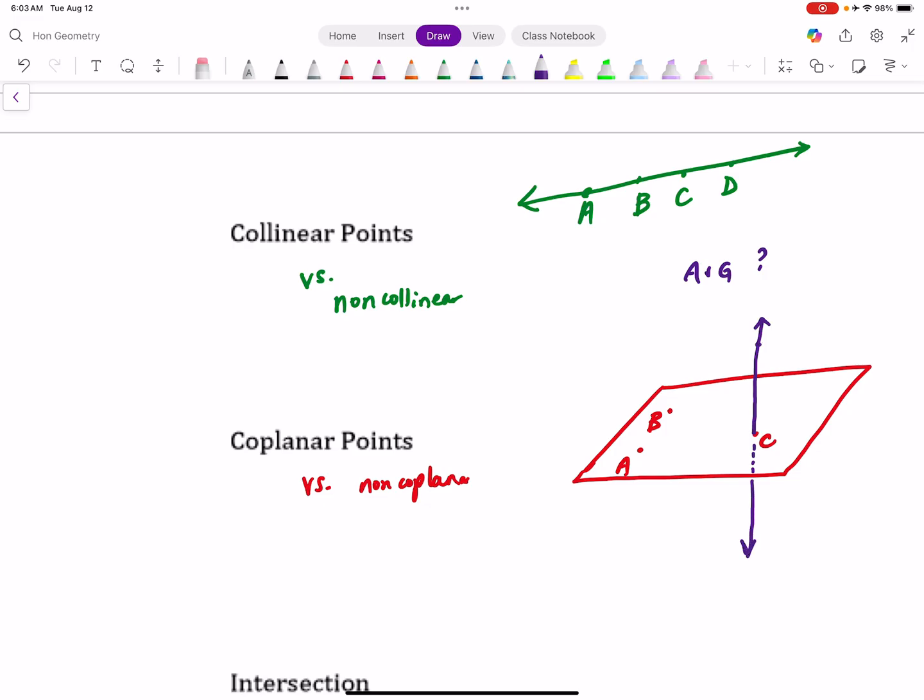That's how you show people that something is not in a plane with something else. So point D would be non-coplanar with points A, B, and C. However, if I said, are points B, D, and C coplanar? Yep. There's a plane that could encompass the three of those. It just wouldn't be flat with the other one. So if I give you three distinct points and ask if they're coplanar, yep. There could just be that fourth one that's not.